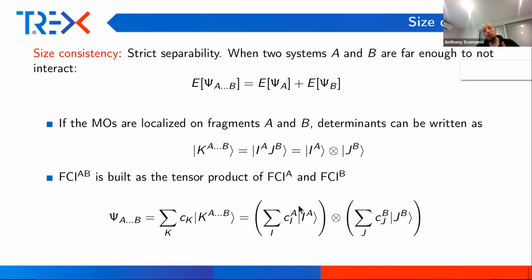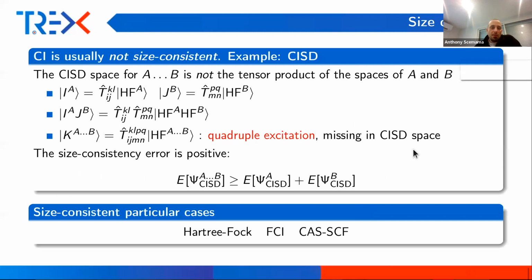You can check that the full CI wave function of AB stretched at infinity is really the tensor product of the full CI of A multiplied by the full CI of B. But this is not generally the case when you do configuration interaction. Usually, CI wave functions are not size consistent.